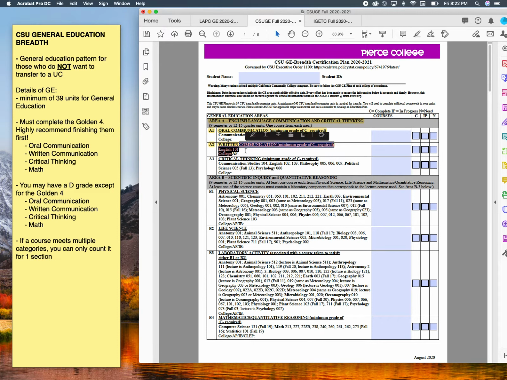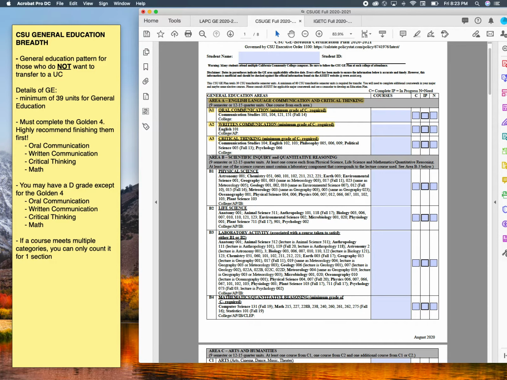And guess what? It's English 101. So you have to take English 101 to meet this category. Then the next one is A3, critical thinking. So for Area A, you have to have one in oral communication, one in written communication, and one in critical thinking. In total, you have to have 9 semester units, right there. One course from each area.